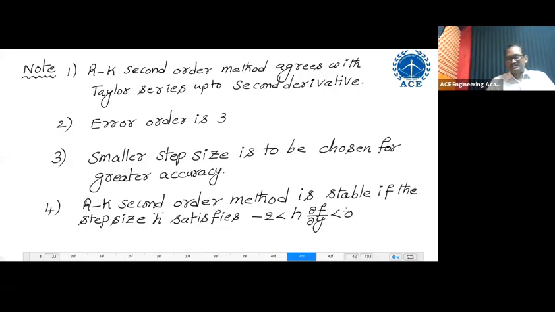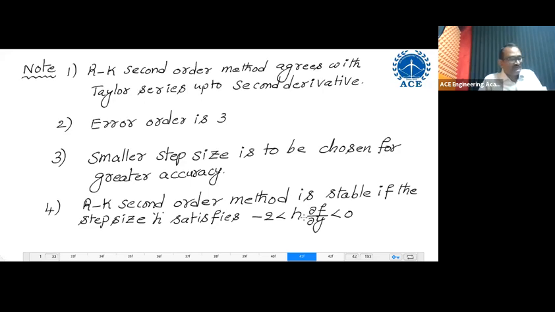Remember, generally we need to split the given problem into equal lengths of subintervals. What is the maximum possible subinterval size we need to choose to split the given interval into equal subintervals? For the stability of Runge-Kutta second order method, you need to apply this formula. Stable means it is reliable for correct, accurate answers.